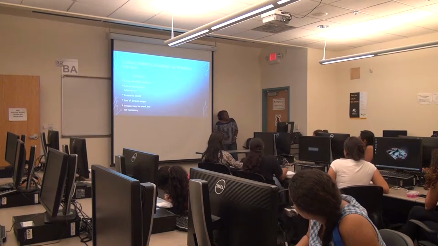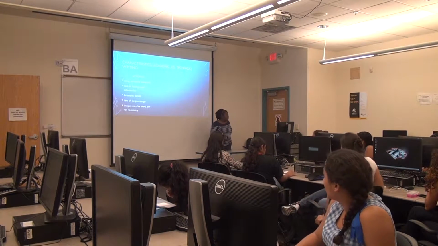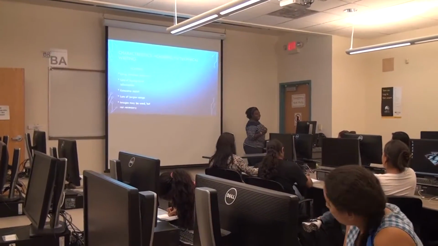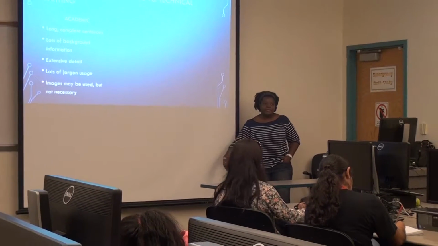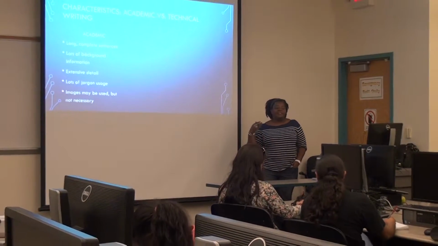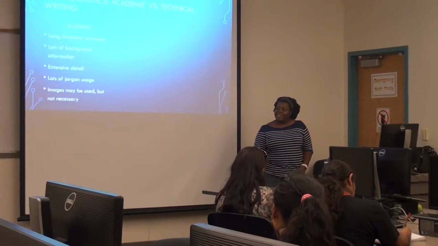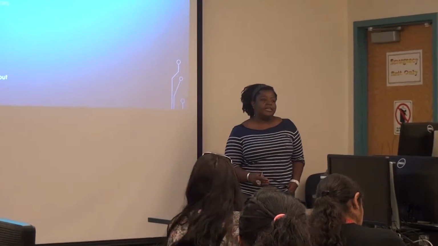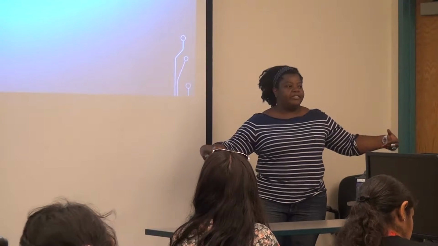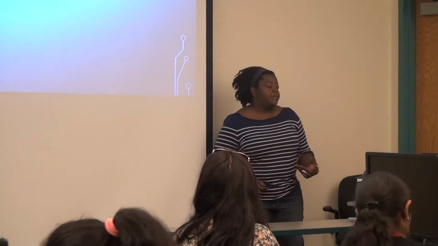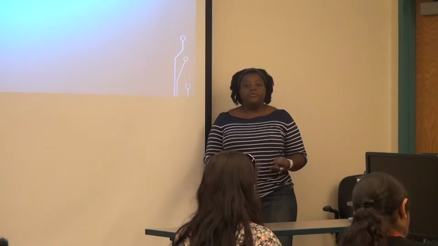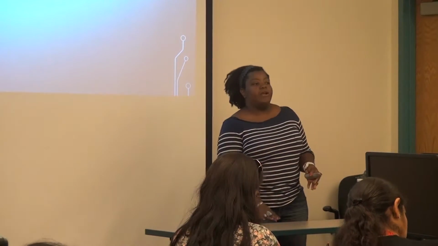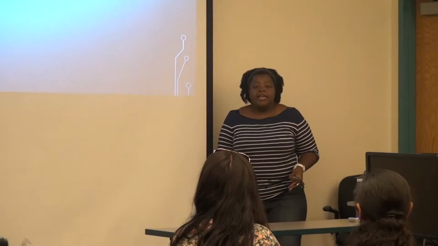So, characteristics of academic versus technical writing. So when you write academically, you're going to use long, complete sentences. You want to keep those as concise as possible, especially if you're writing in English, but you're still going to use descriptive sentences, complete ideas, to convey what you need to convey. You're also going to need substantial background information, right?